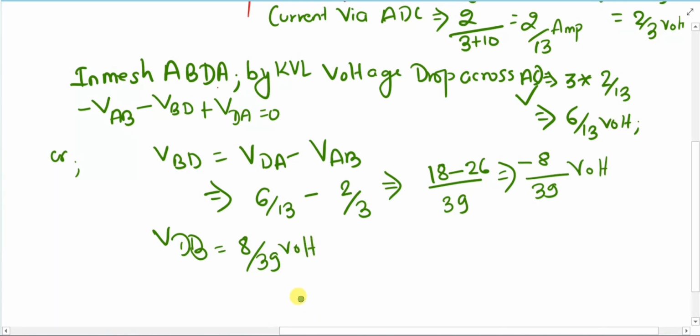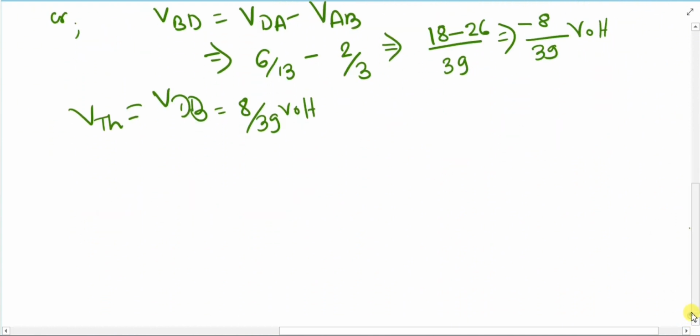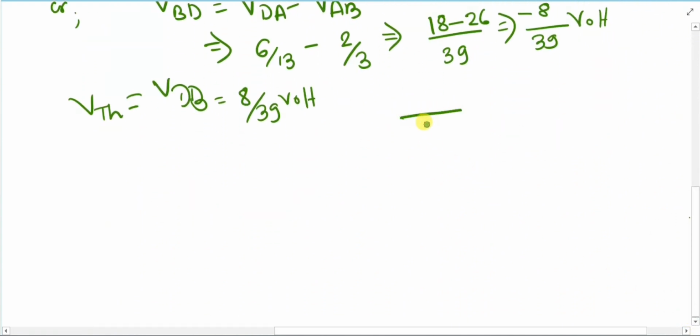Once you identify the value of V_DB, which is VTH, our last task is to draw the Thevenin's equivalent circuit. Now Thevenin's equivalent circuit will be, this will be our VTH, which is equal to 8 upon 39 volt.